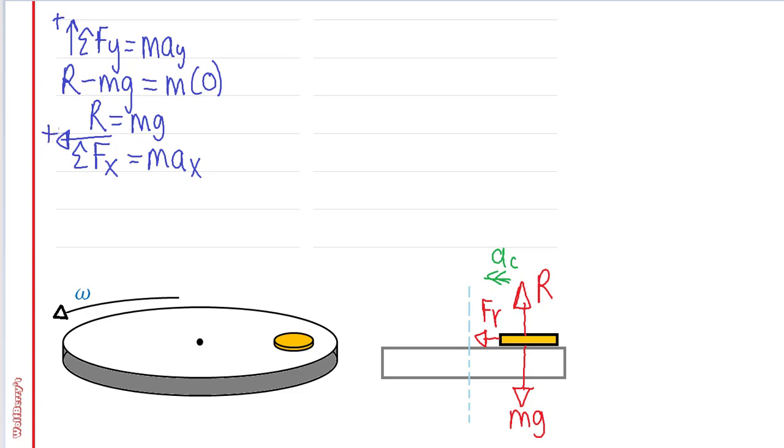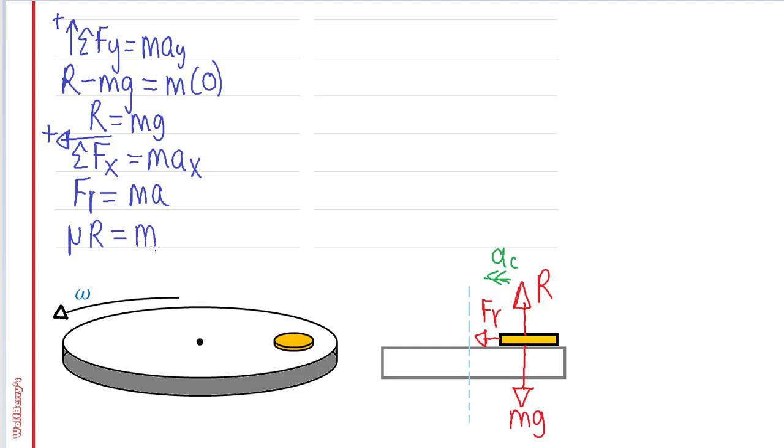So the equation is going to be Fr equals m times a. It's that simple. Now, since we're at limiting equilibrium, i.e. the coin is just about to slip, then Fr is equal to mu R. So mu R equals m a.